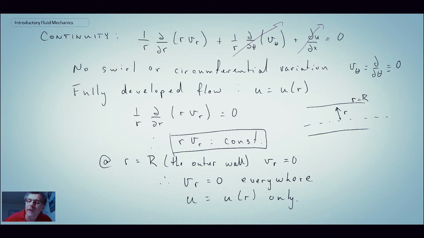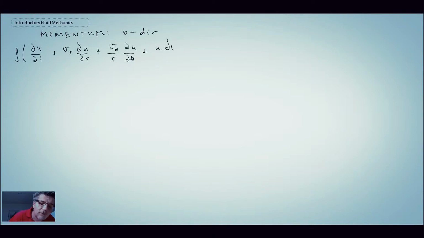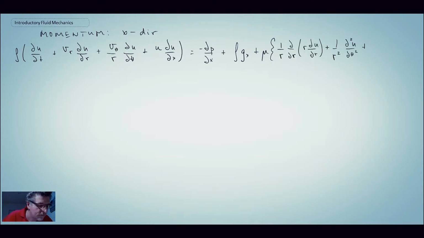Now let's move on to the momentum equation, and we'll be looking at the x component of momentum. Let's take a look at the different terms here. To begin with, we're dealing with steady flow, so that term disappears.